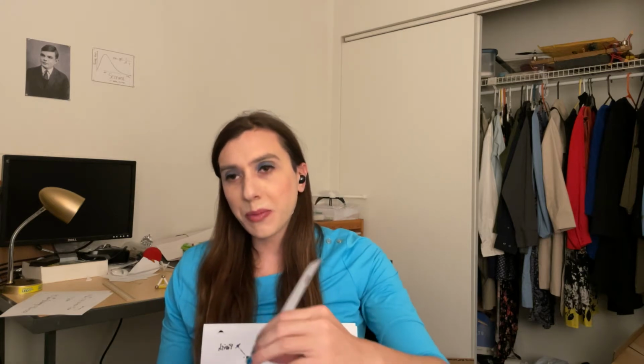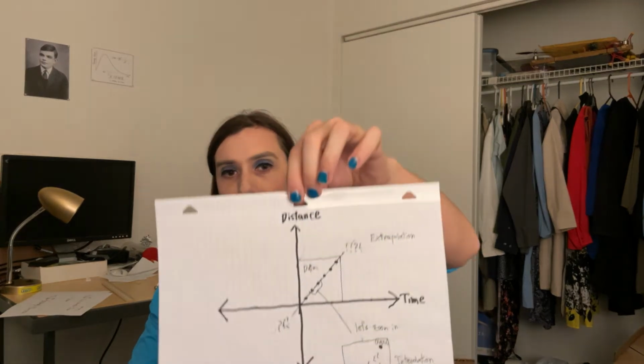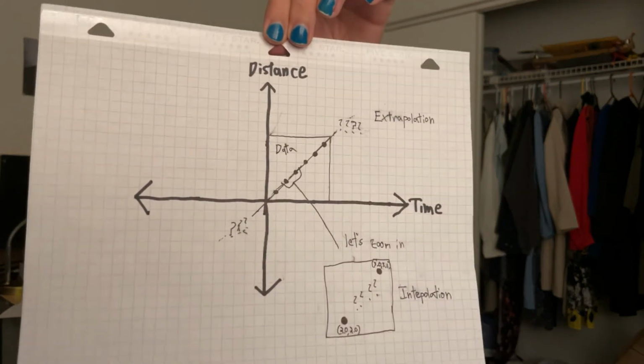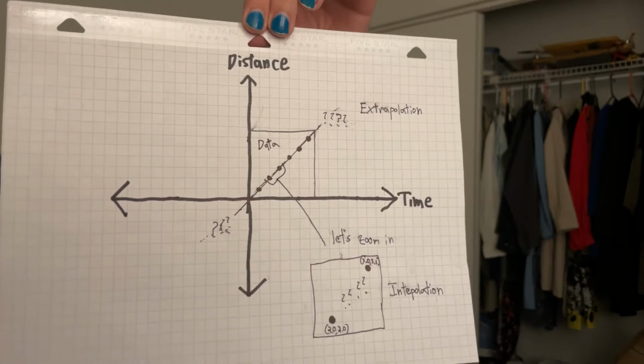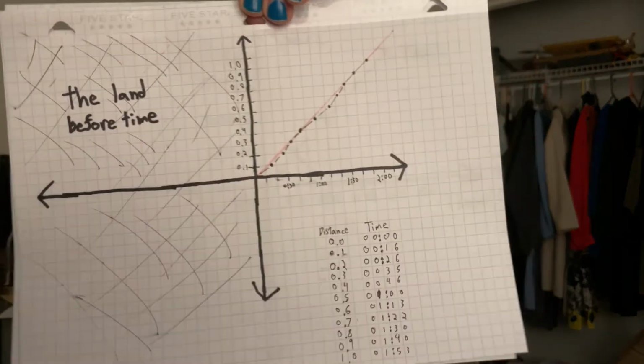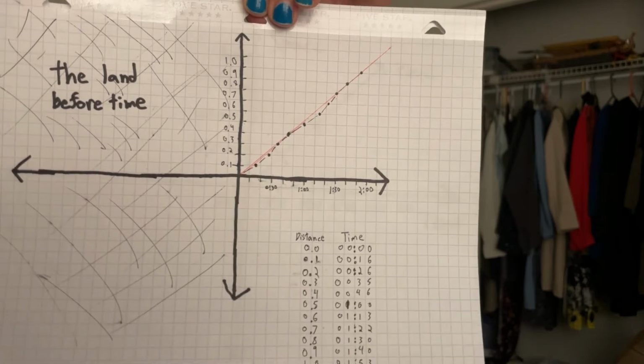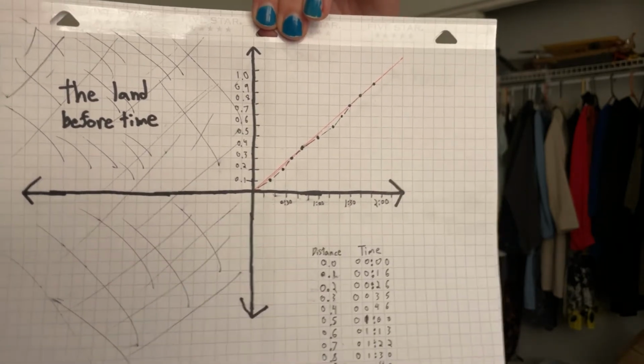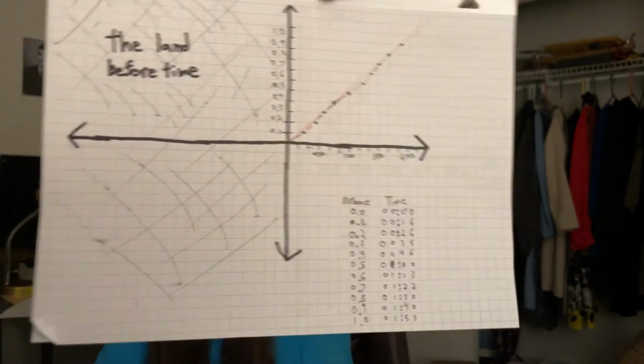So now, what do we do experimentally? Experimentally we do one of two things: either extrapolation or interpolation. So in this data that I'm showing you from driving my car, which is graphed by hand, if you want to learn how to do that, take an algebra class.